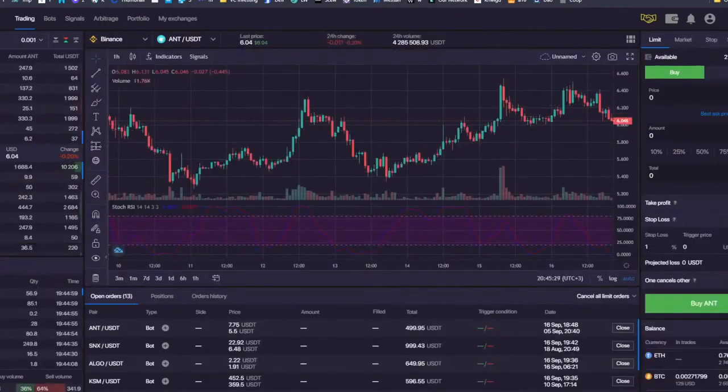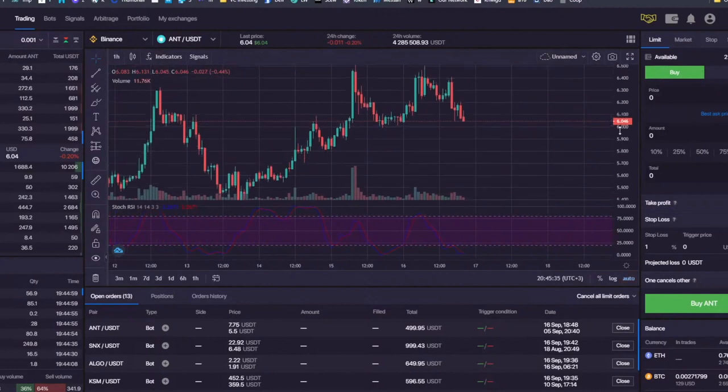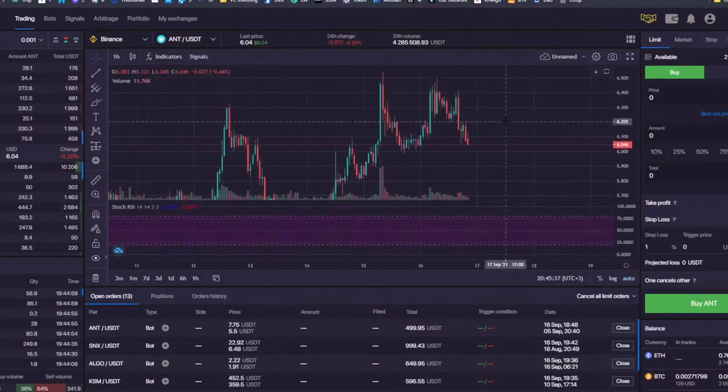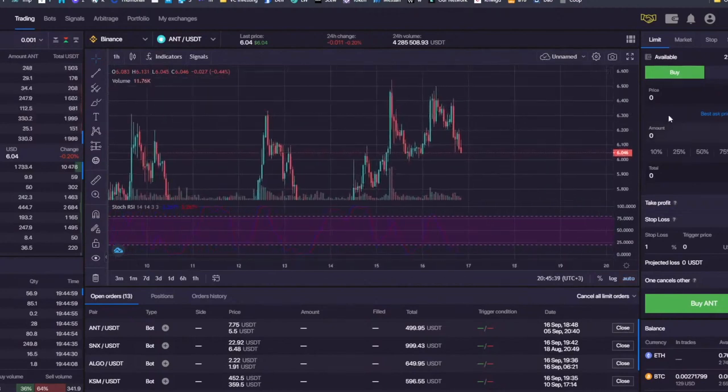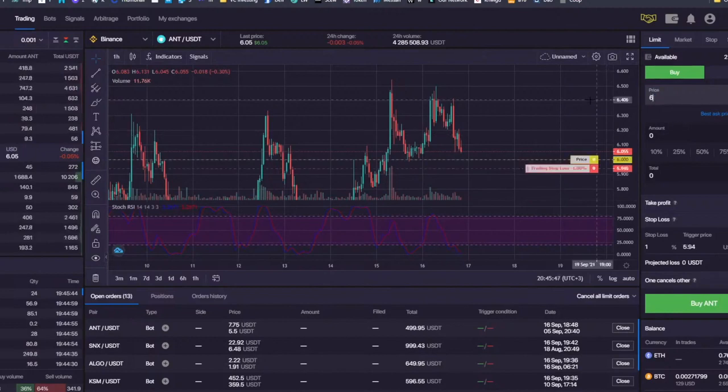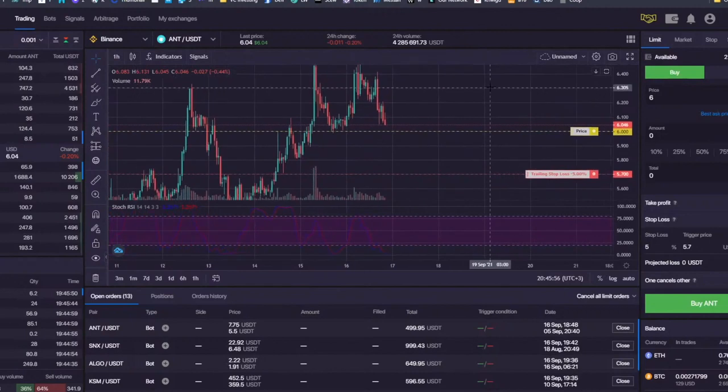So for example, you can have your stop loss trailing in the smart trade mode with a limit buy order. So that means that, for example, let's set it at $5.8 maybe. No, that's $6. And let's set your trailing stop 5% from the entry price.